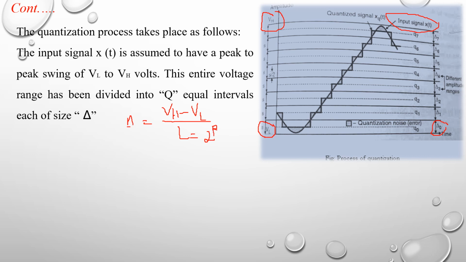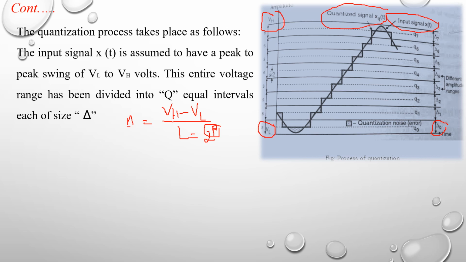And the quantized signal is xq of t. So x of t is the input signal and the quantized signal is xq of t.